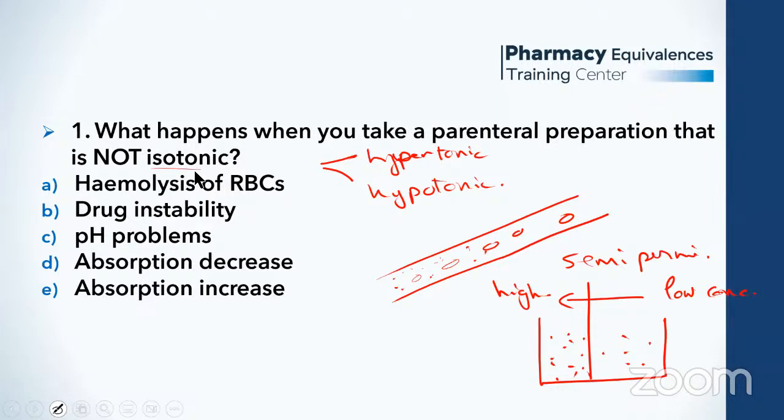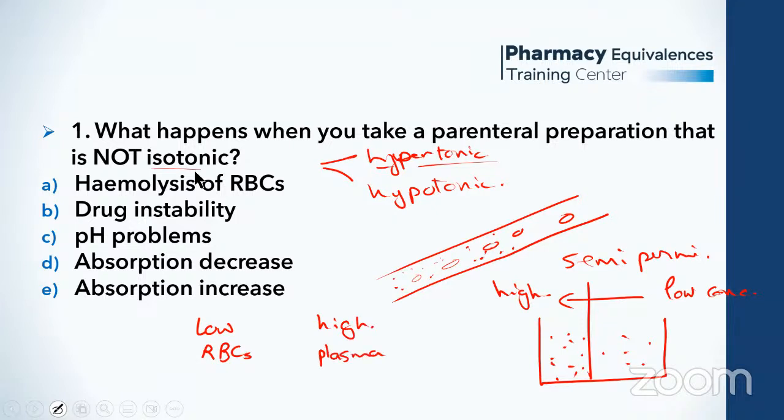Here, when we apply it in the bloodstream, we have a hypertonic solution. So the flow is from the low concentration to the higher concentration. The low concentration is in the RBCs, while the high concentration is in the plasma.